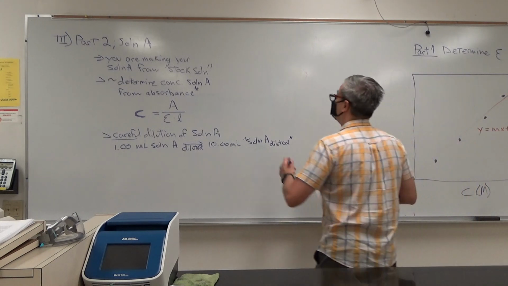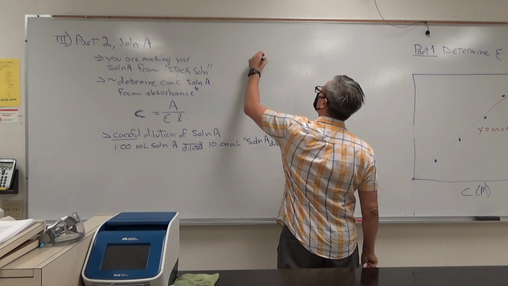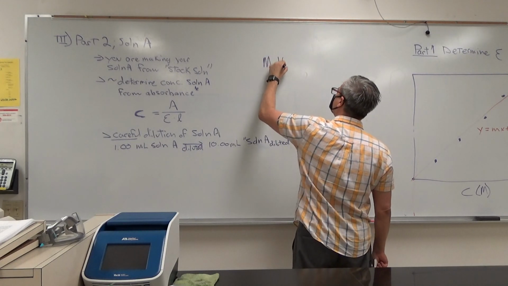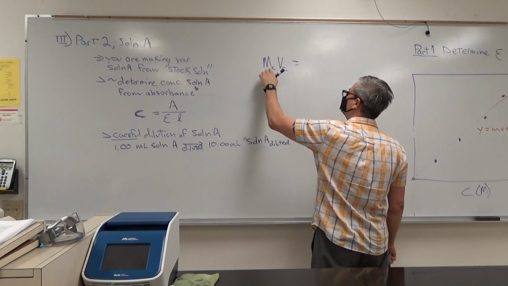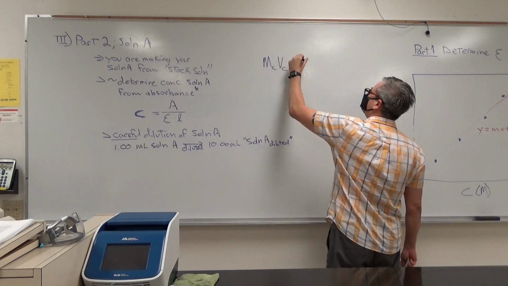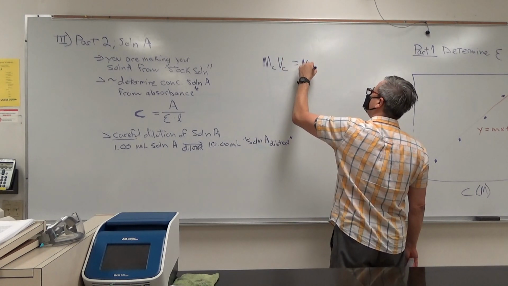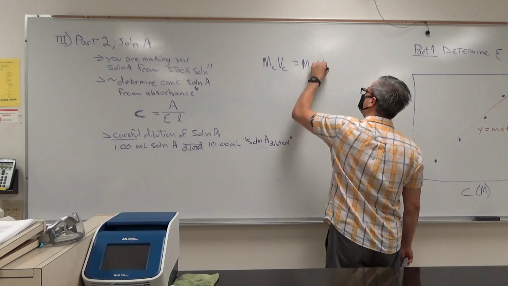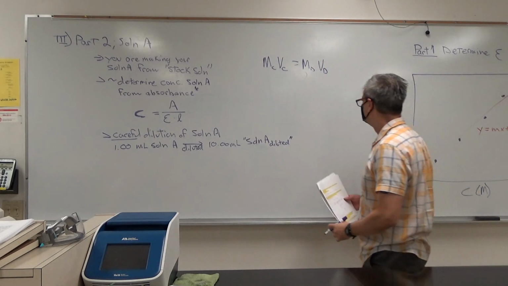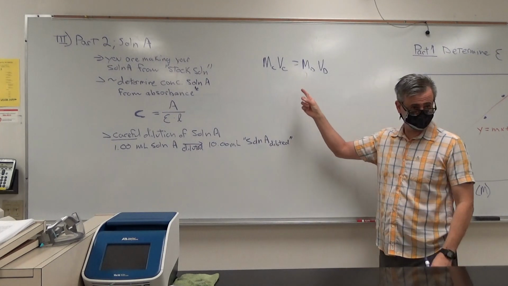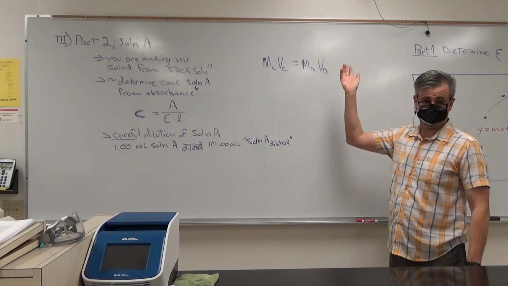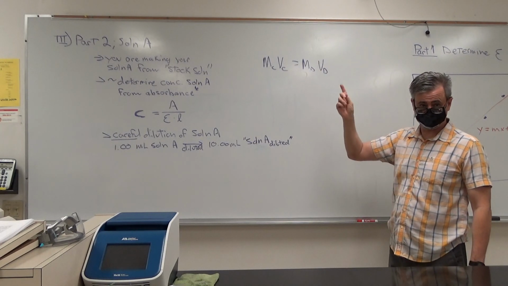Okay, so I tend to use MCVC, so that's the molarity of the concentrated times the volume of the concentrated equals the molarity of the diluted times the volume of the diluted. Yes? All right. Which one of these are the ones I'm after? If I want to rearrange this in terms of my variables, which one do I rearrange it for?